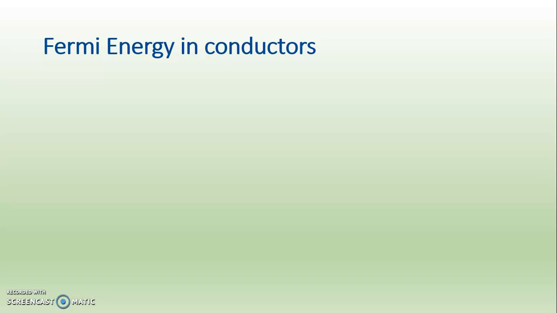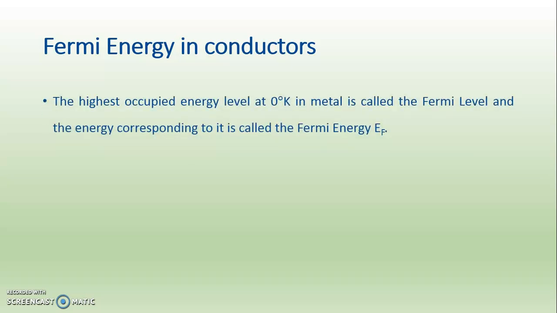Depending on that orbital and different state, we know the innermost shell and outermost shell, or the corresponding orbits and their energy. Depending on that, we'll define the Fermi energy in a conductor as the highest occupied energy level, or we can say the highest occupied energy state.